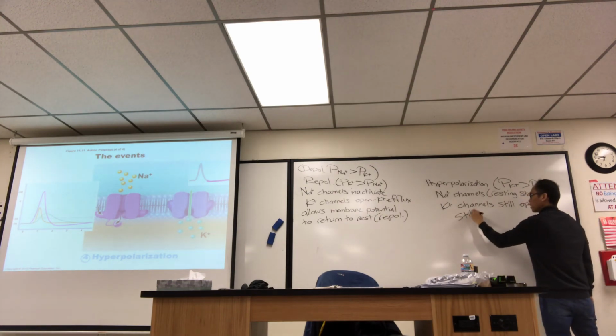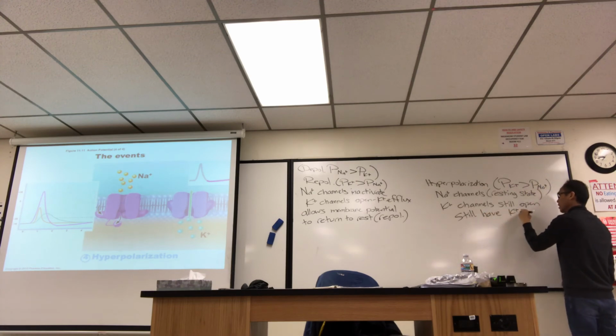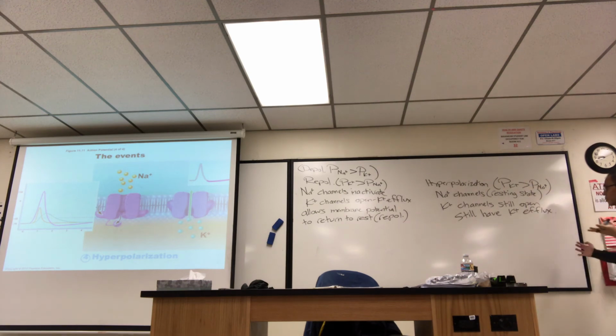Still open, still potassium efflux. As long as they're open, it's going to keep leaving. This basically takes you more negative than rest. That's why it's called hyperpolarization. You're over-polarized, I guess. And so they call this the undershoot. Does that make sense?